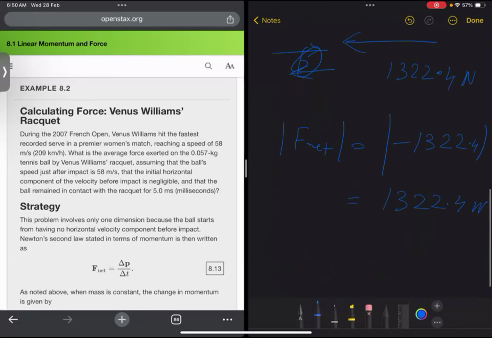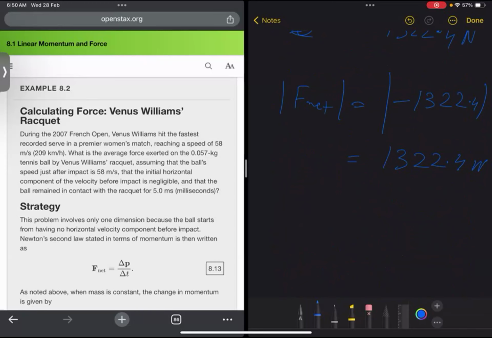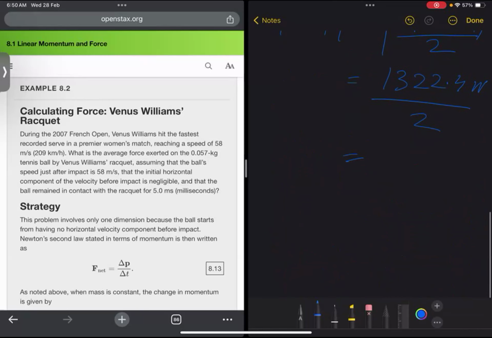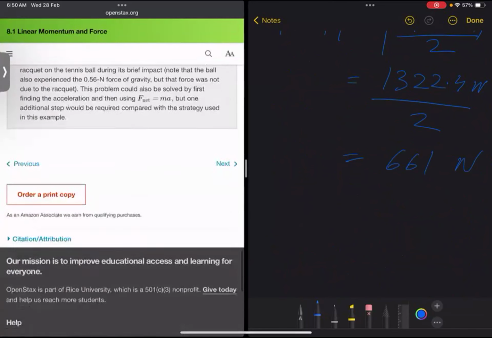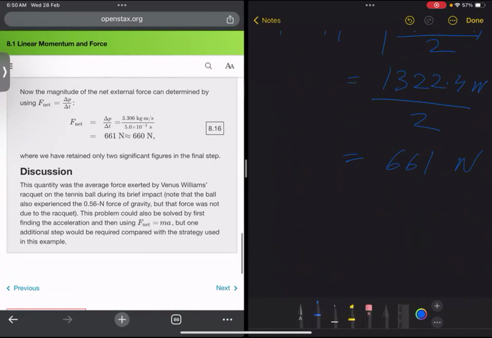So what you will get is the answer divided by two, that is 661 newtons. Is that making sense? Okay, perfect. So that is the net force acting on it.